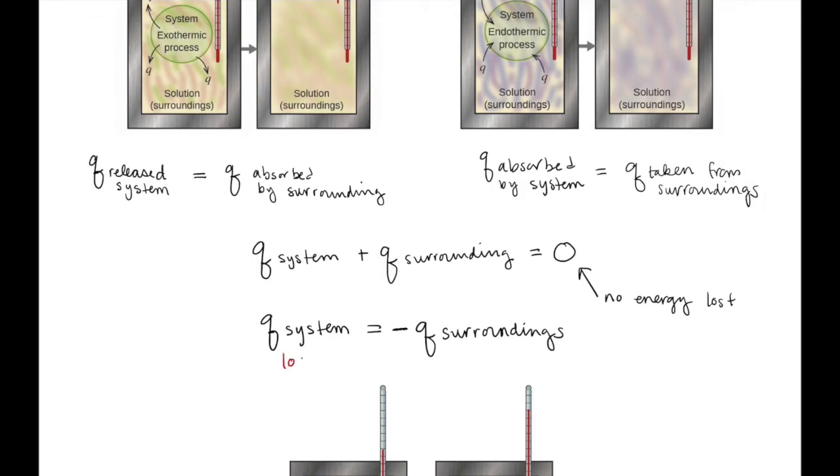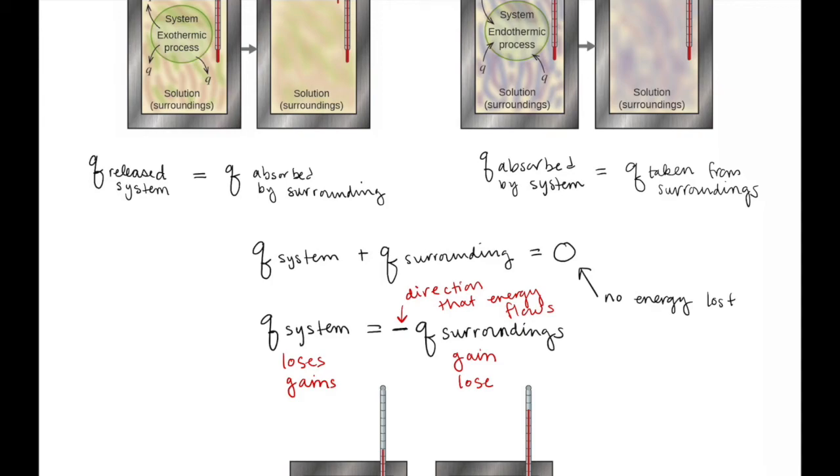Okay, so what that means is if the system loses energy, like in an exothermic reaction, then the surroundings are going to gain. That's what this negative sign means, the direction, right? If the system loses it, the surroundings gain it. If the system gains energy in an endothermic reaction, then the surroundings are going to lose that amount of energy. So the sign just tells us the direction that the energy is flowing. And it's going to be the opposite of whatever we see in the system energy change.